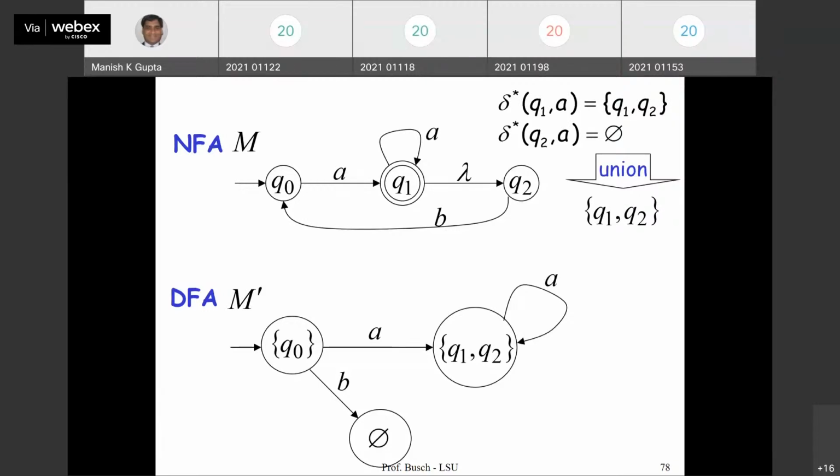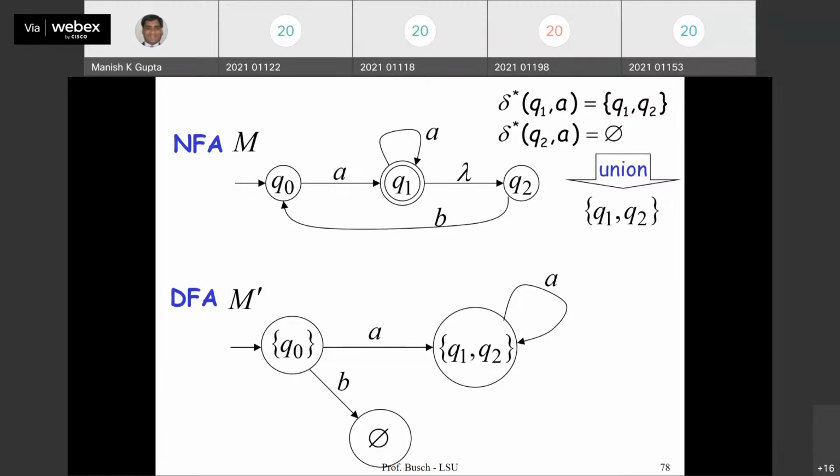So delta star Q1 A is Q1 Q2, and for Q2, if I receive A, there is phi, no transition. So delta star Q2 A is phi. Taking the union, the combined state is Q1 Q2. So I need to make a transition A from this state to itself. Got it?